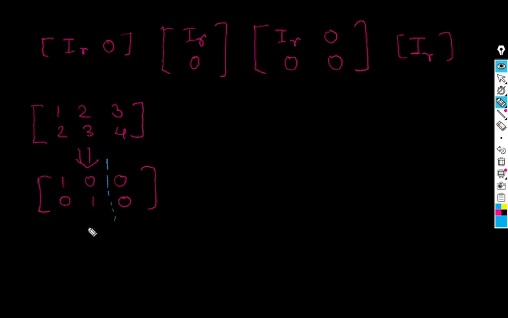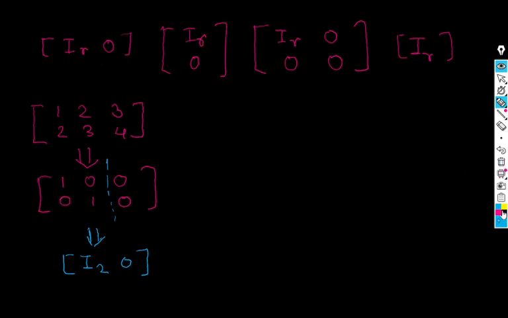So the normal form we get here is I_2 0, and whatever the 2 is, this is the rank of the matrix. So in all these four normal forms I_r, we are getting the block of the identity matrix, and the order of that identity matrix is the rank of that matrix. So this is example one.